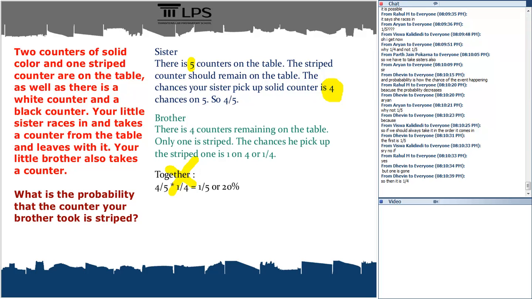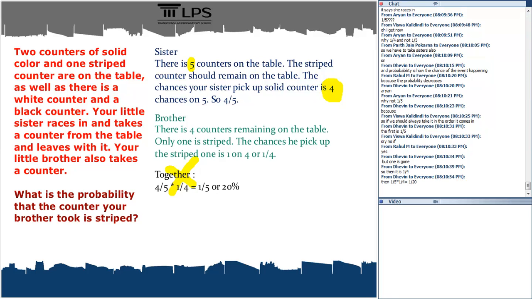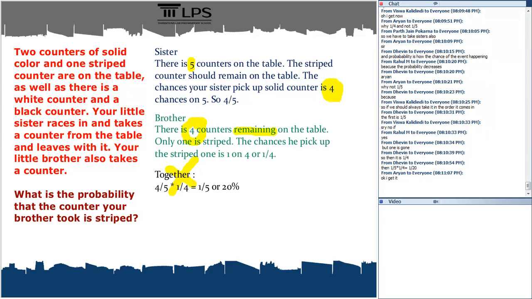Yes, that's right, Devin. Since 1 is gone, the total number of counters that remain on the table are only 4. That is why I've written 4 counters are remaining. Okay, great. Let's move on to the next question.